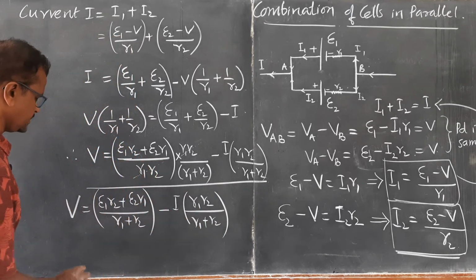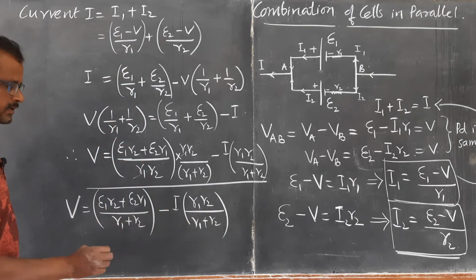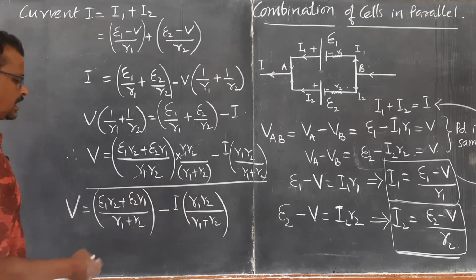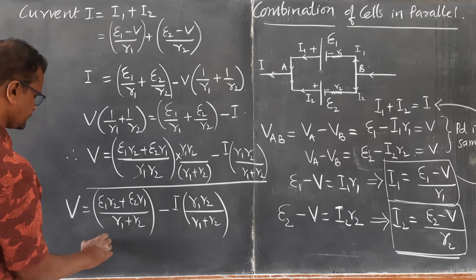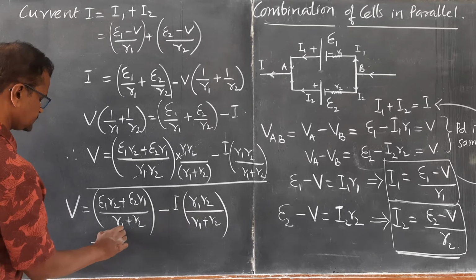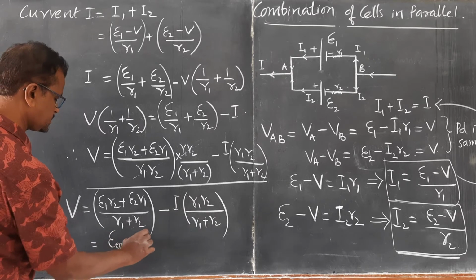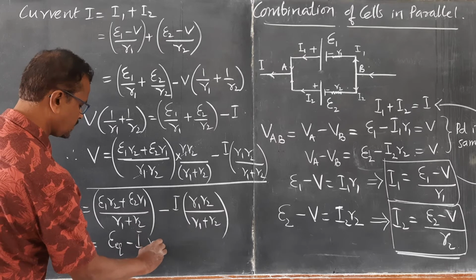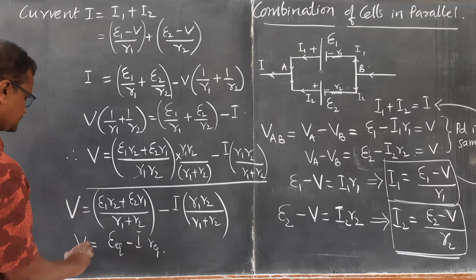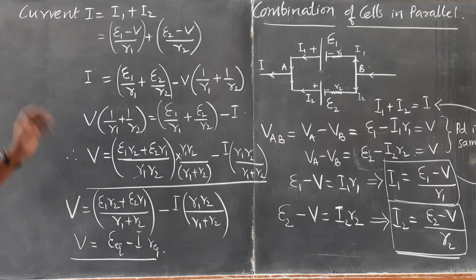So this is the E equivalent, and this is the R equivalent. Therefore, this is of the form E equivalent minus I into R equivalent. So that is the equation for parallel combination.